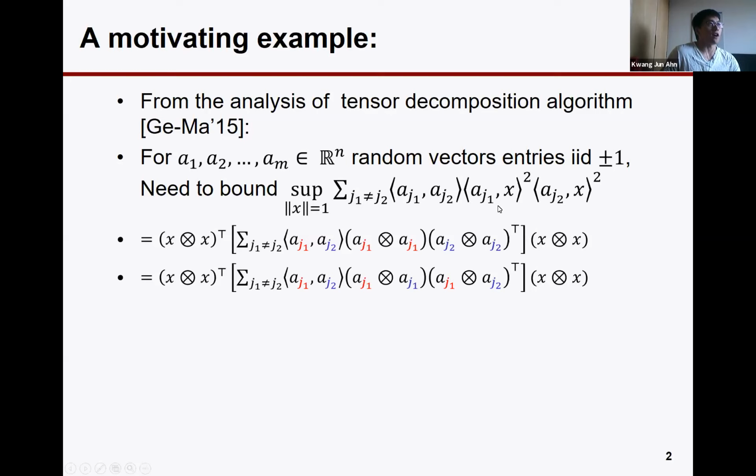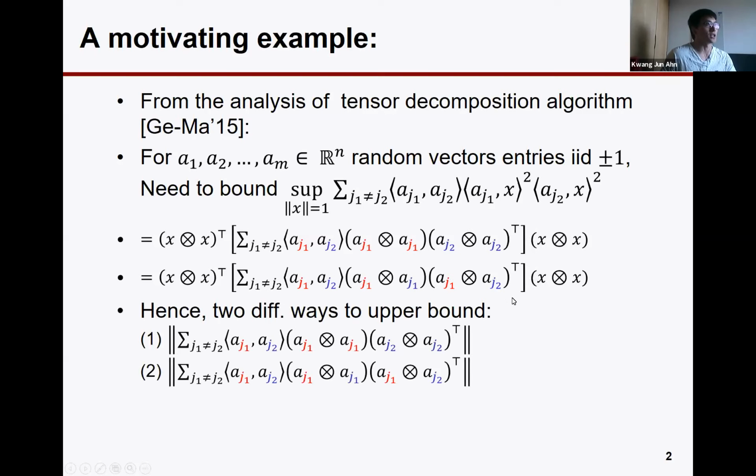But since there is some symmetry going on here, you can choose either this one over here on the top, or this one on the bottom. So there are two different choices you can make. Using this, you can upper bound this complicated supremum term by the spectral norm of random matrices. But then two questions arise. First of all, these are already really complicated random matrices, so it's not clear how you can upper bound them.